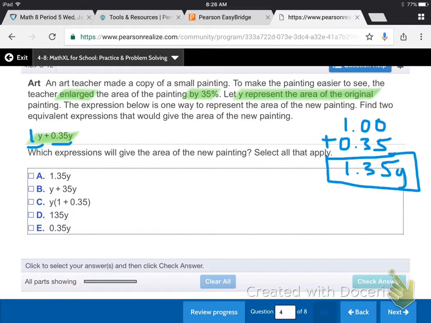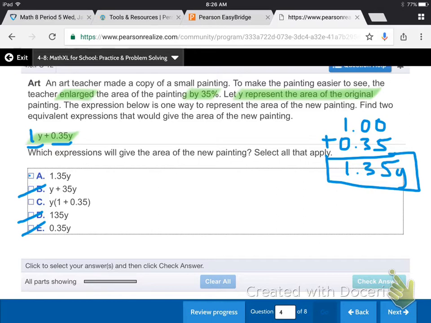The other one's a little bit tricky to see, so A is one of our answers. Well, we know that y plus 35y is 36y, so that's not right. We know that D, 135y, that's not right. And we know that just plain old 0.35y can't be the same as 1 plus 0.35y, so that's not right.